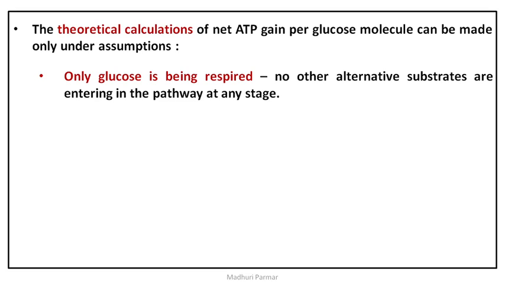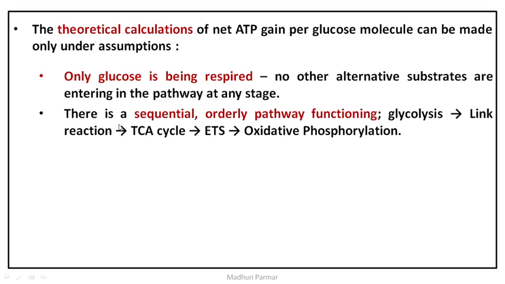Okay, we saw respiratory substrates in the first lecture itself, and there could be many. So here we are assuming that only glucose is being respired. No other alternative substrates are entering in the pathway at any stage. Okay, so only glucose is being respired and nothing else is entering the pathway at any point. Second, there is a sequential orderly pathway functioning.